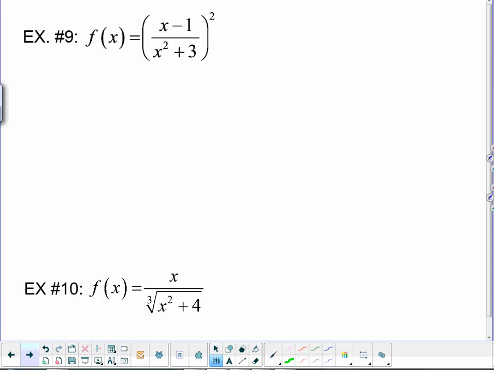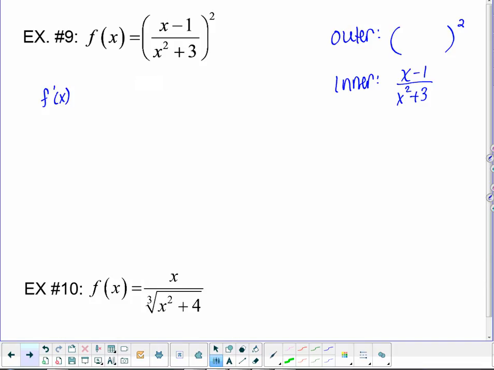Oh my, huh? This will be a fun one. So let's do it using the chain rule because I can think of a couple ways to do this one, but let's use the chain rule. So the outer function is something squared. The inner function, like my g of x, is an x minus 1 over x squared plus 3. Do you see quotient rule coming our way? I do. So f prime of x will be, let's deal with that outer function first. 2 comes down, leave the inside alone.